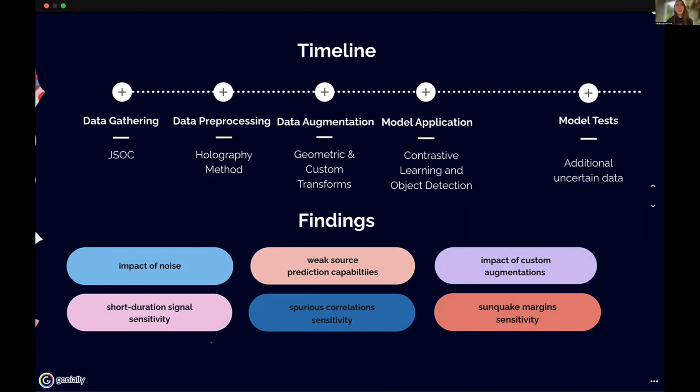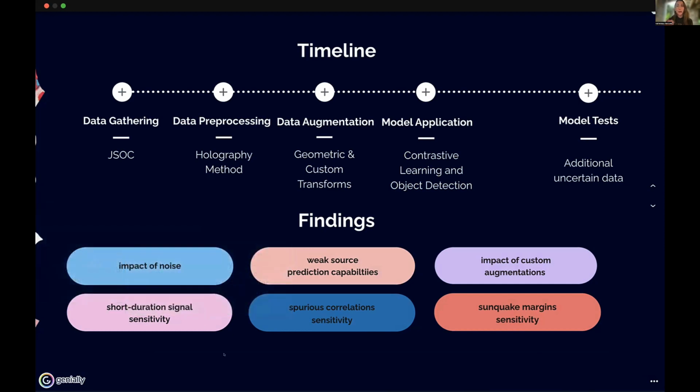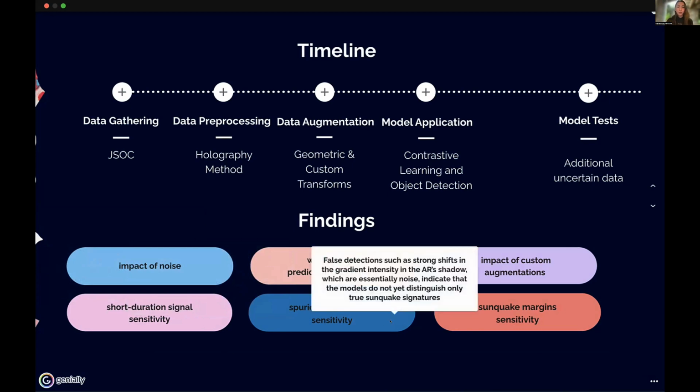So Sunquakes that last for three frames, which are incorrect. And we stress that this is related to the fact that when introducing the custom time-based mixing transform, the one that was combining multiple consecutive frames, we only looked at 3 at once. So if we were to look at 6 at once, let's say, that would maybe make a bigger difference.